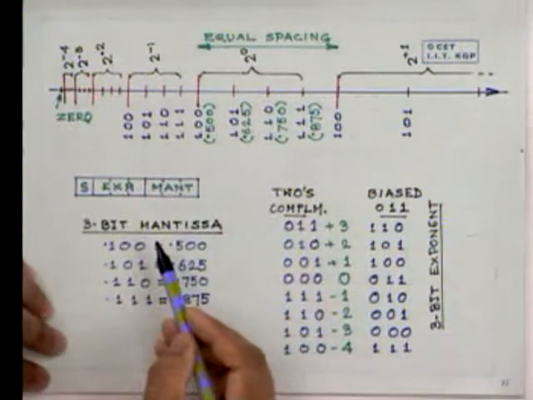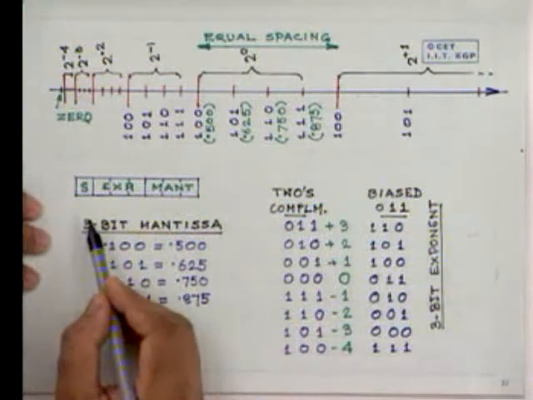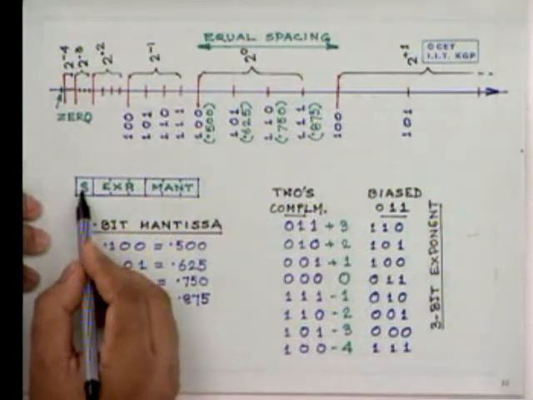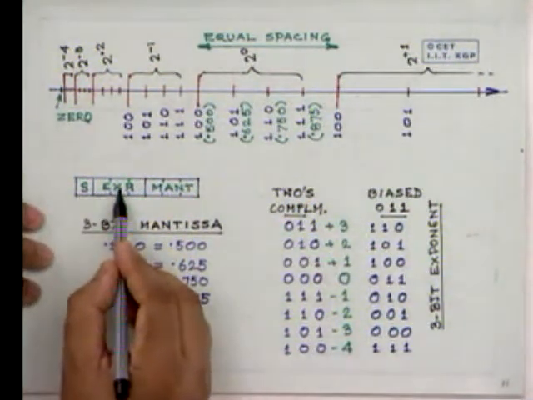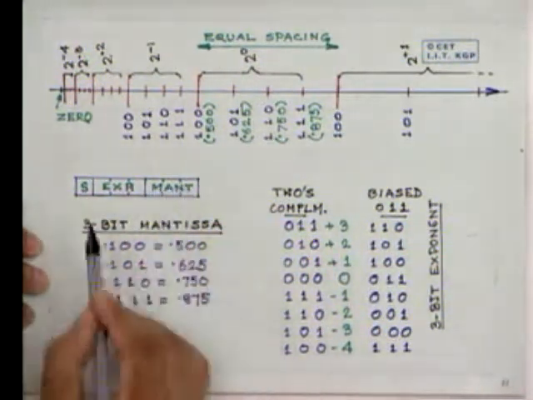We have taken as an example a floating point representation where this is a sign bit, 3 bits have been kept for the exponent, and 3 bits have been kept for the mantissa, right?